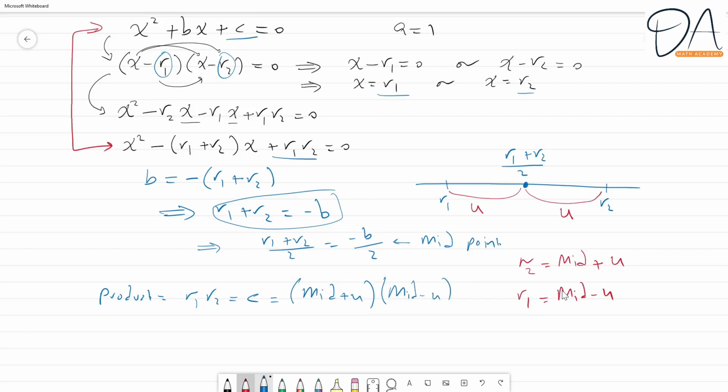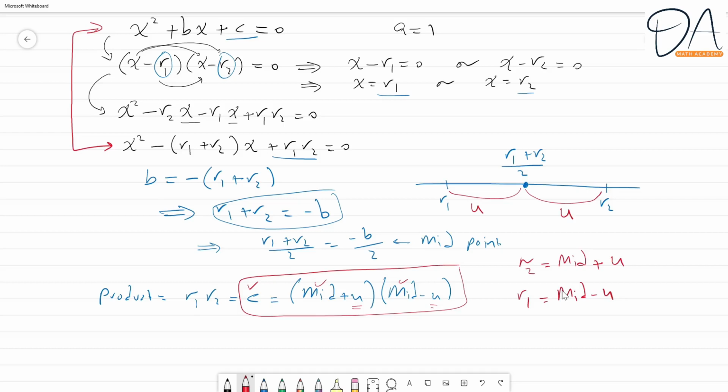If you look at this equation, we can see that we know c. This will be given in the original equation. Midpoint, we can calculate it easily, it's just minus b over 2. So the only unknown in this equation is u. And then once we find u, we can easily find the roots. Remember, the roots will be mid plus u and mid minus u. So this is the logic behind this method.